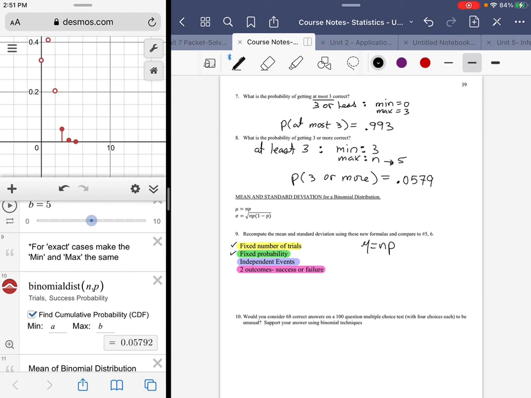All right, so again, these are true, so you can use this rule. Number of trials was 5. Probability of success, 1 out of 5. Expected value, 1.